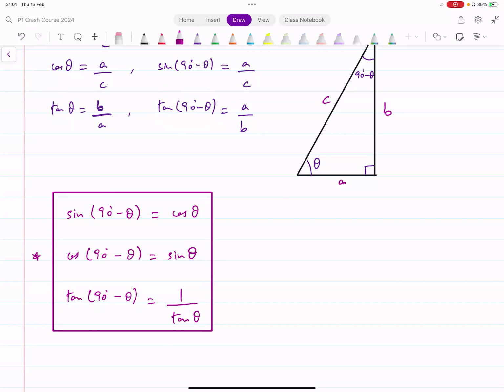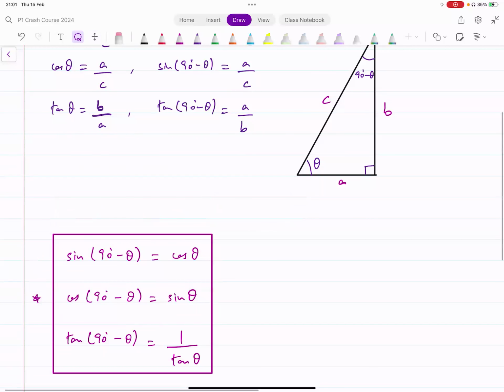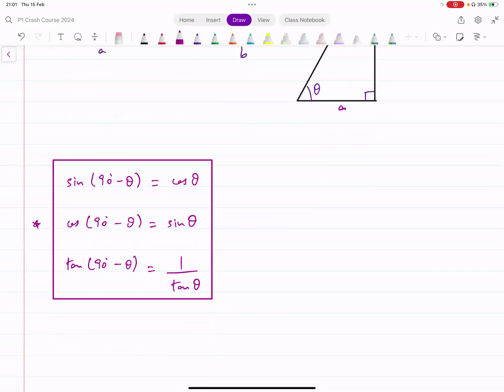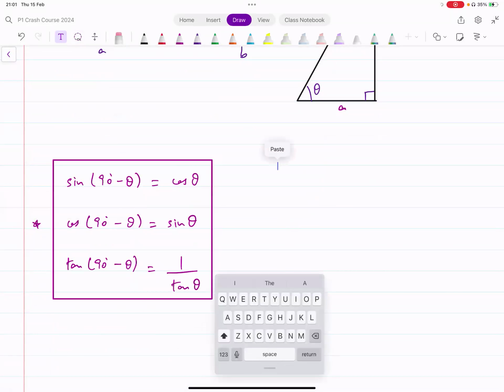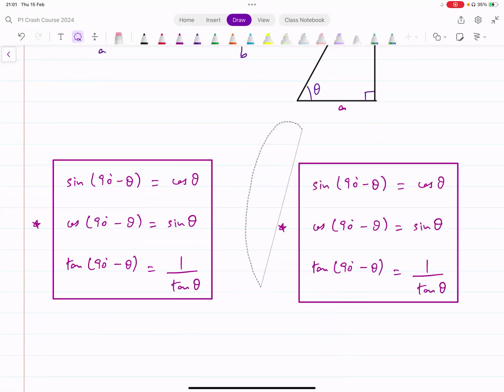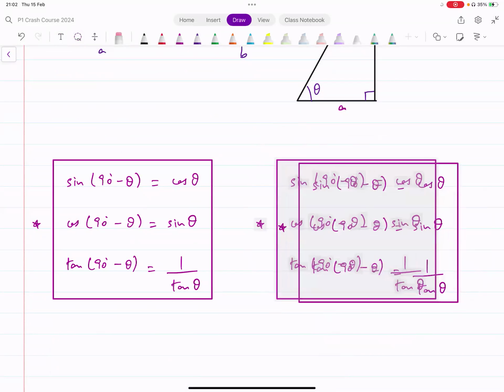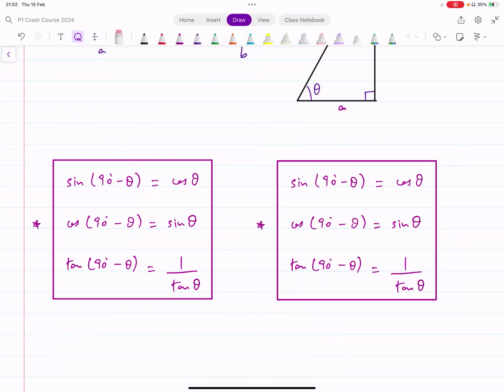All right. If you were to write down these same identities in radians, they would look like this. In radians, 90 degrees is pi over 2.